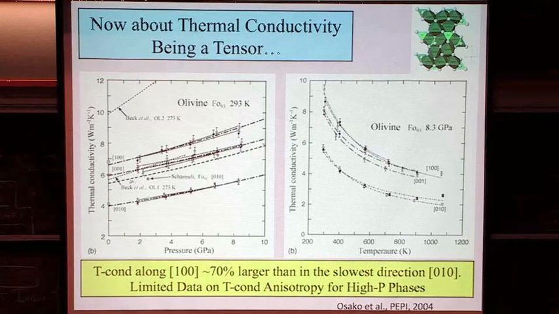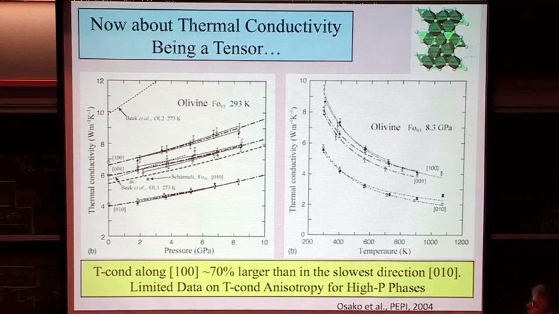This is an example of thermal conductivity as a function of temperature from Osako et al. And you can see that the difference nicely persists to high pressures and temperatures. So the aspect here is that this could be for anisotropic phases, and I would simply point out that post-Perovskite is a very anisotropic phase, that this could actually be a relatively important effect relative to the effects of things like mineralogy, pressure, and temperature.